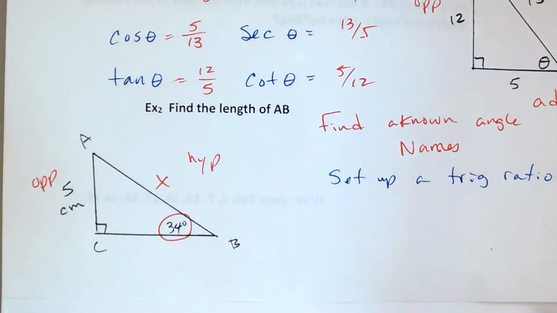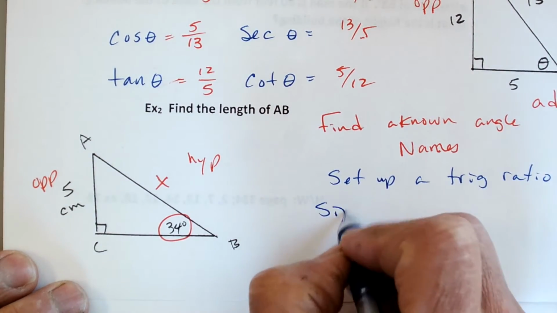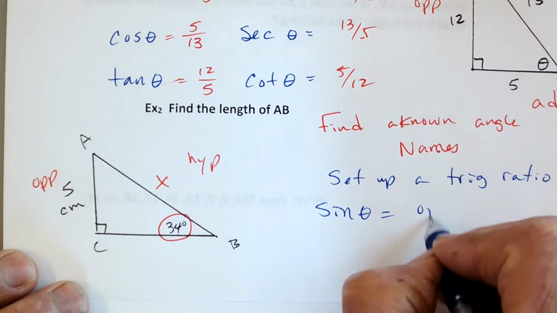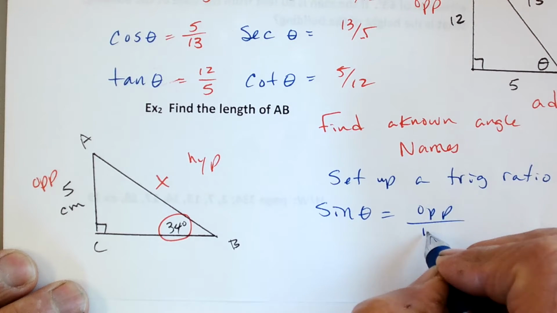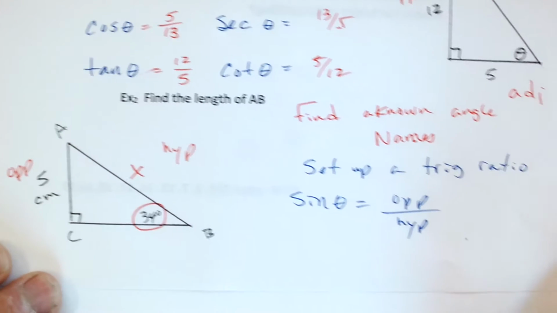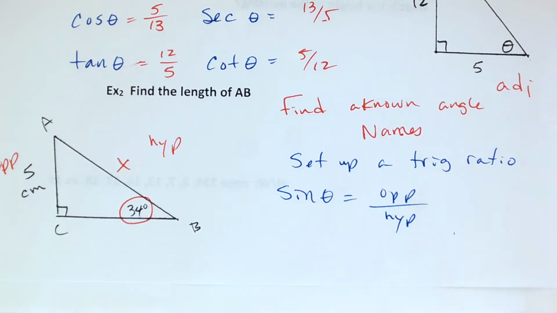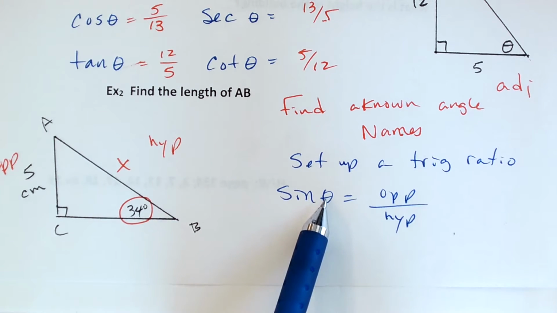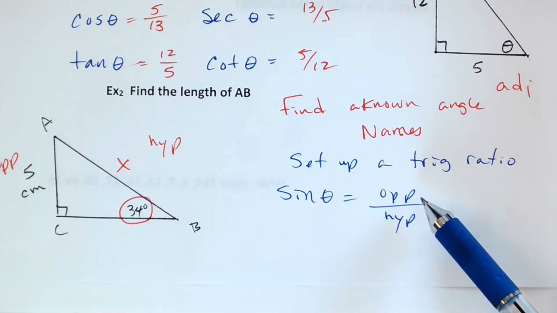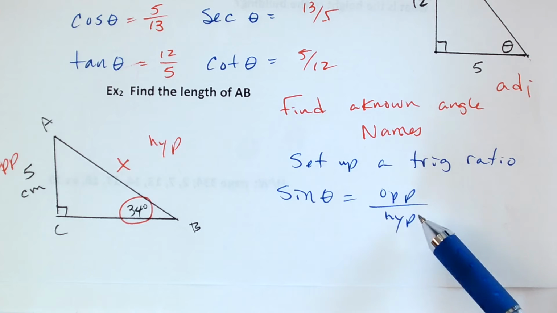So sine of theta is equal to my opposite over my hypotenuse. Good job, Alan. But instead of sine of theta, theta is my angle, so I'm going to put 34. My opposite is 5, I'm going to put my 5 there, and my hypotenuse is my x.